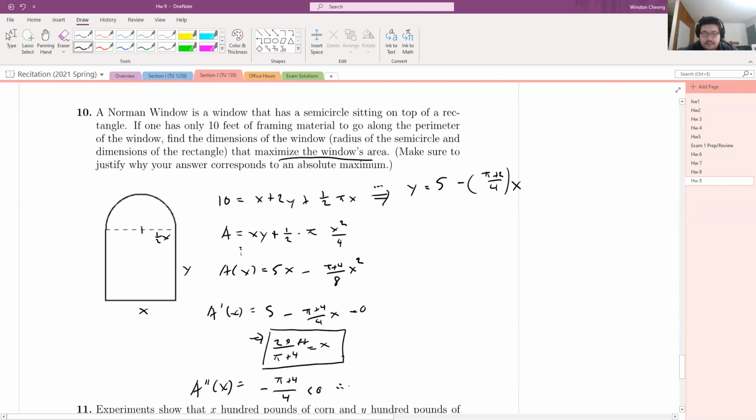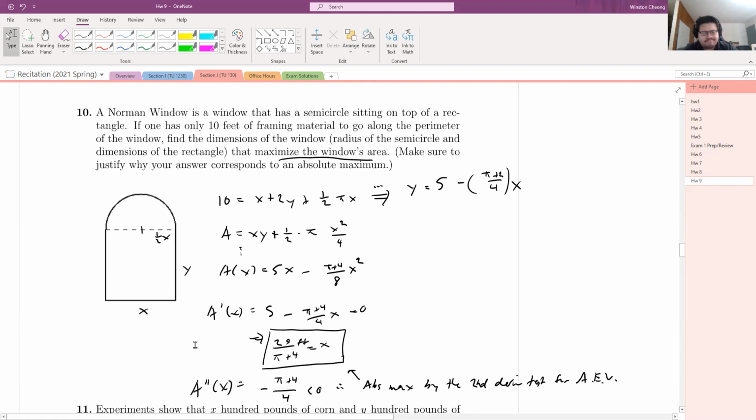Therefore, that condition is going to be the place where an absolute maximum happens. This is an absolute maximum by the second derivative test for absolute extreme values.